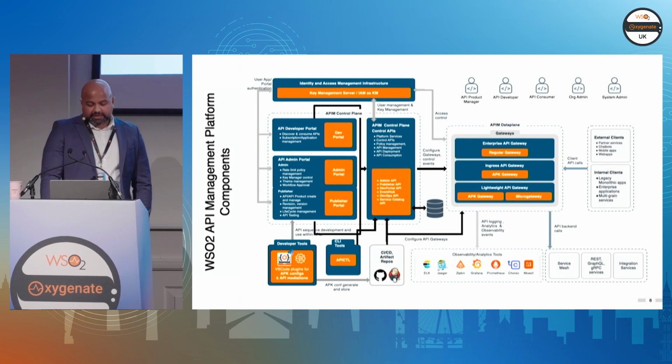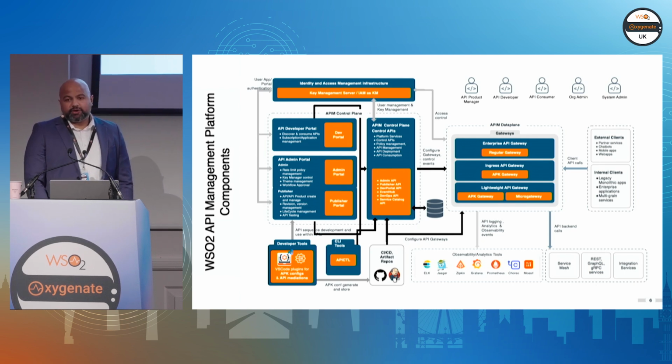When it comes to the control plane, similar to the Identity Server product that I mentioned earlier, all the functionalities are available in the form of a collection of REST APIs. We have certain user portals developed, such as the publisher portal and admin portal, in order to control and govern the API Manager installation of the platform.